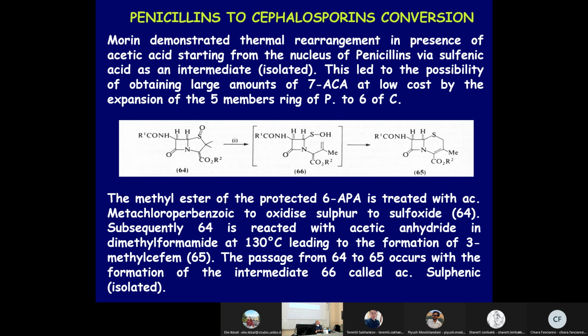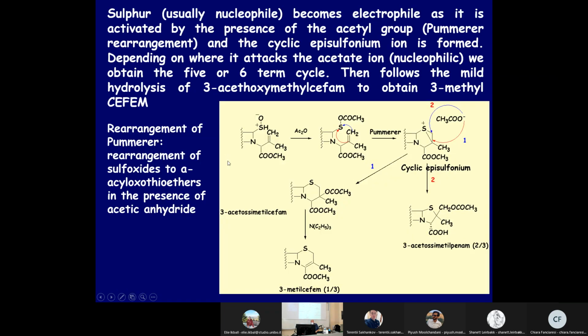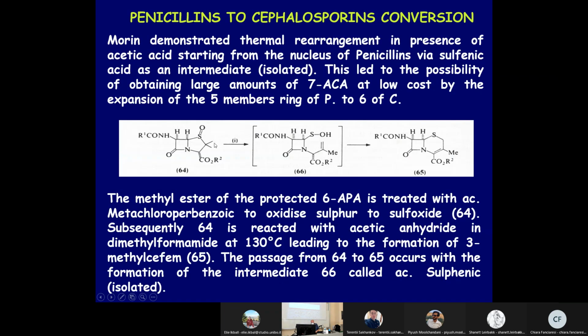Here you can see how it's possible to get cephalosporins from penicillins. This synthesis is not required for the course, but is just to show you how it's possible to start from a 5-member ring and to enlarge this ring to a 6-member ring.